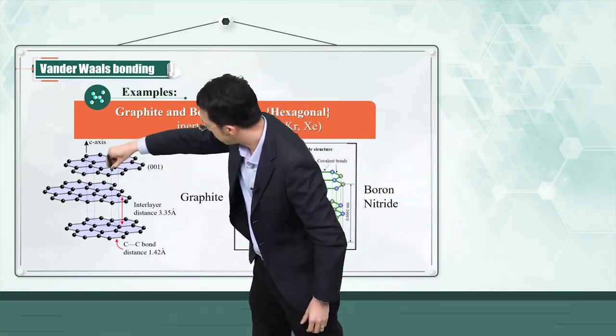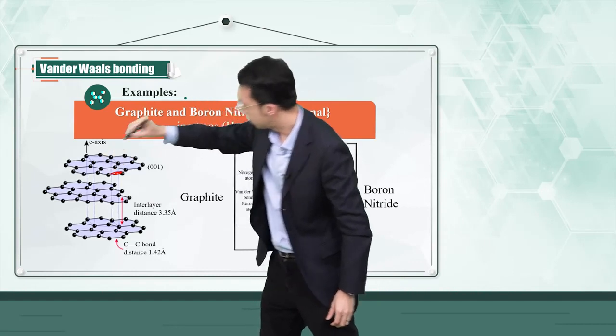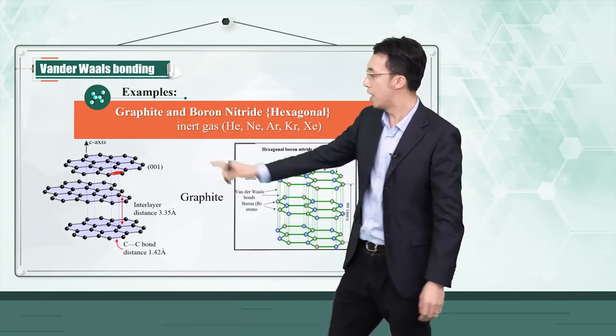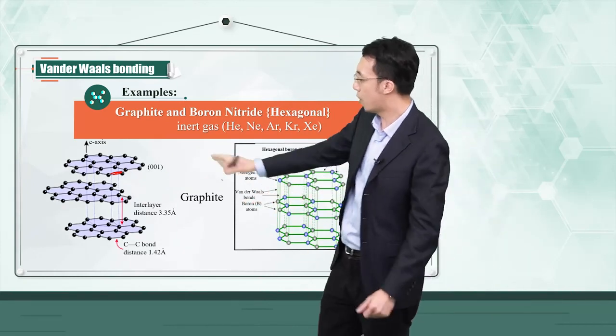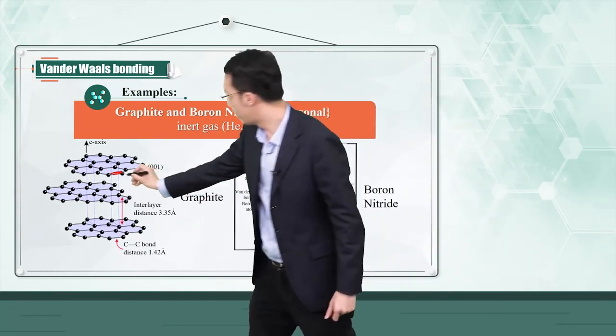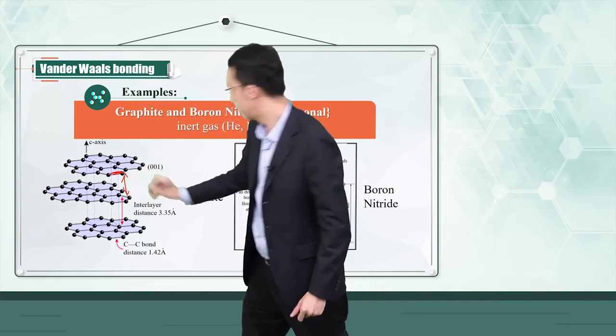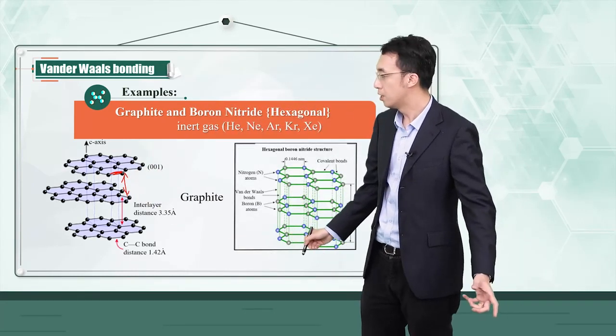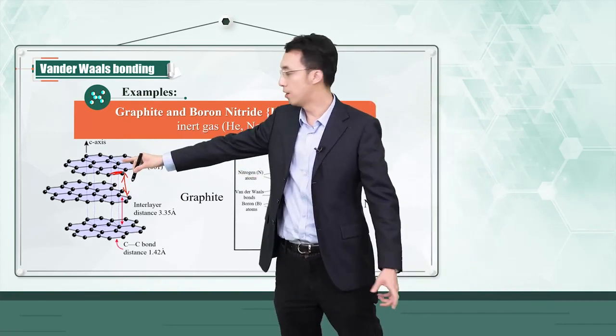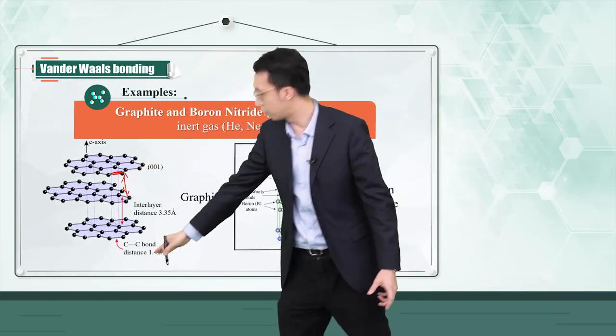And the interaction between the carbon atoms in the layer is covalent, which are strong. And you have a lot of layers. And the chemical interactions between the layers is actually van der Waals, which are really weak. So you have a strong bonding in the layer, and you have a weak bonding across the layer.